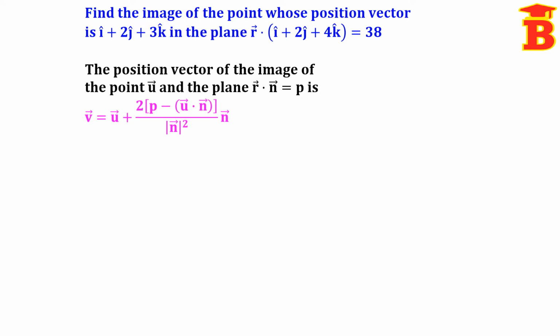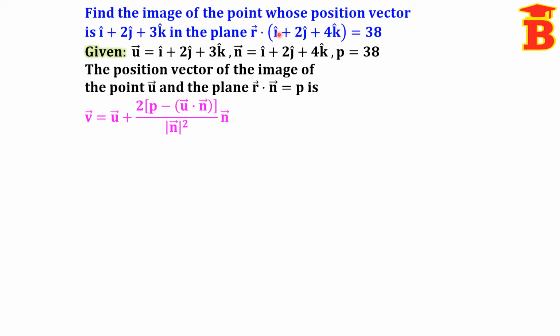So see the given, compare and take it. This u vector is the point. So the given point is i plus 2j plus 3k. And see the vector equation. It is of the form r vector dot n vector equal to p. So comparing this, here this is n vector.